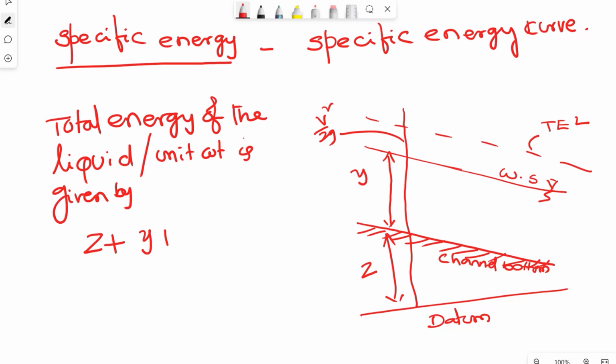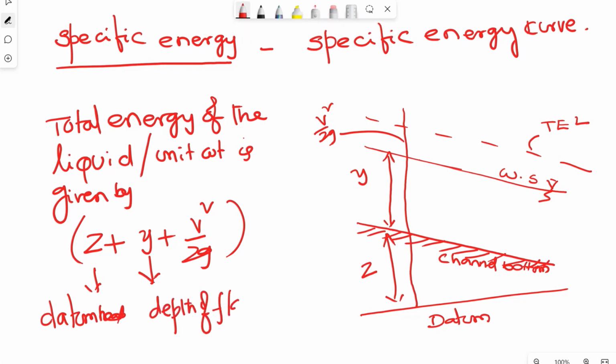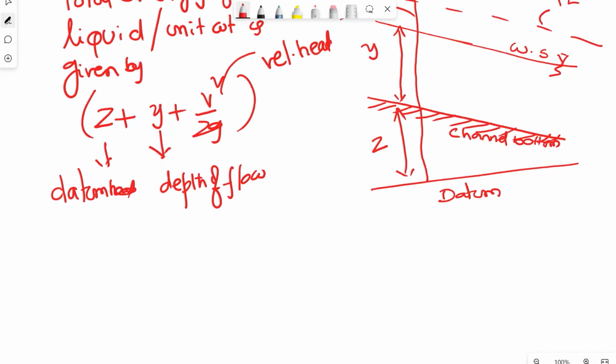This is the total energy. So what is Z? Z is what we call the datum head. y is the depth of flow, and V squared by 2g is nothing but the velocity head. So this summation is nothing but the total energy.